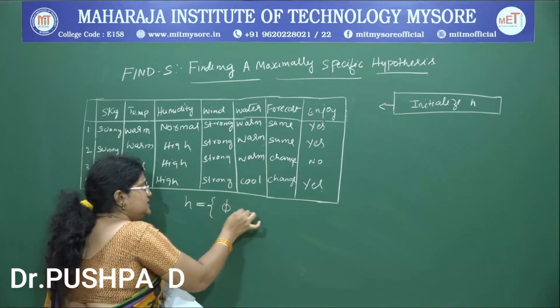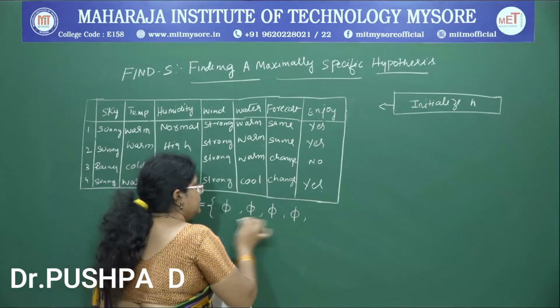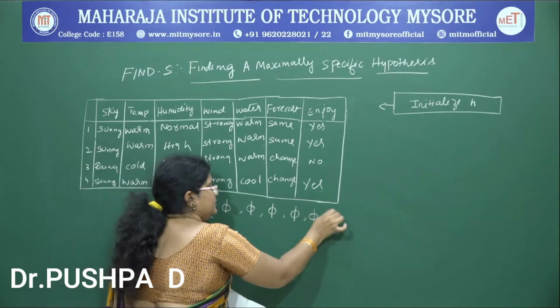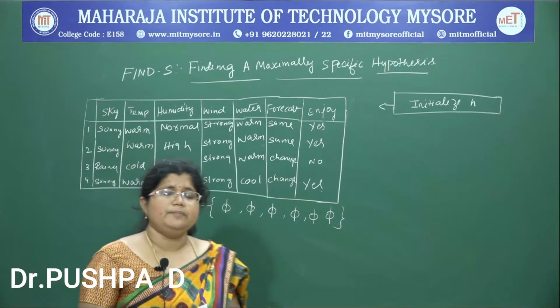So, initialize the hypothesis with the most specific hypothesis. That is step number 1 of the Find-S algorithm.